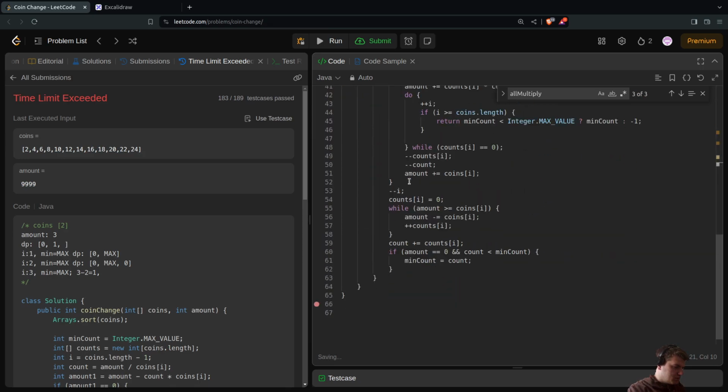Yeah, this one is the important part. Okay, so I'll probably add that to the gist.